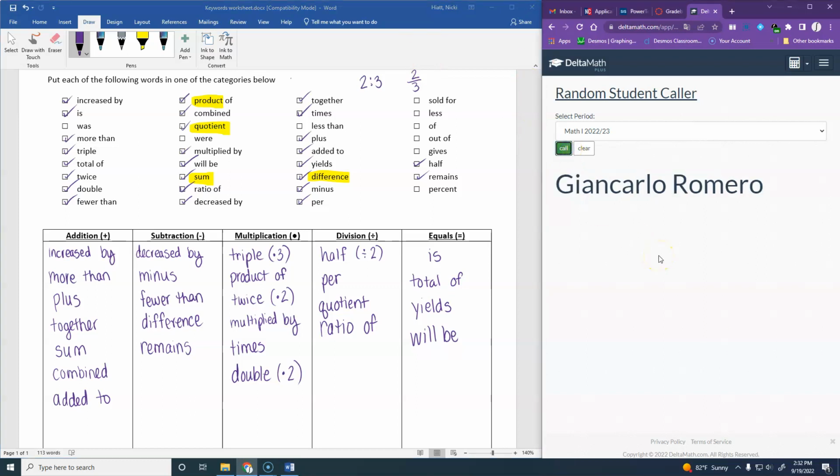All right, Giancarlo. Out of. No, I don't think I put it for equals. Out of, he said equals. Let me give you an example of how that would be used.